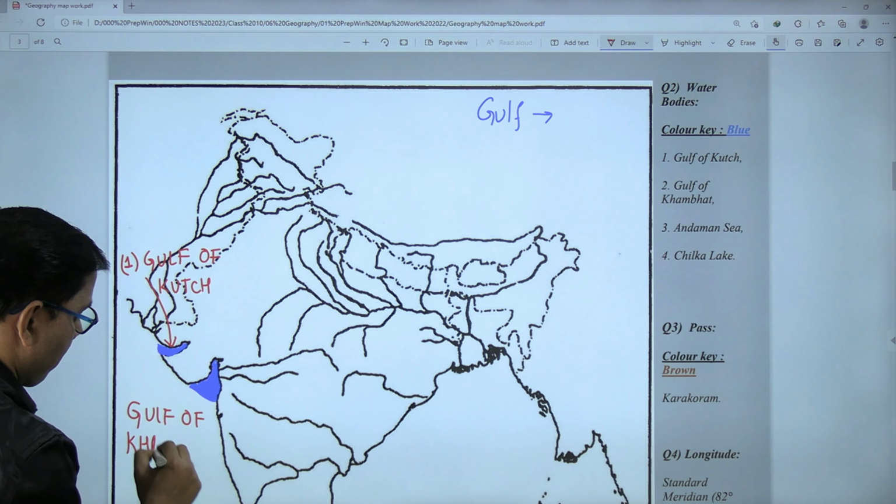If possible, try to mark this as a circular region. Okay, and inside this you can write in block letters. This is my marking number 3, Andaman Sea, in block letters.